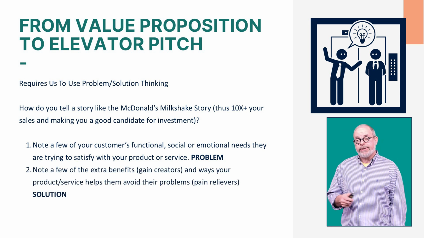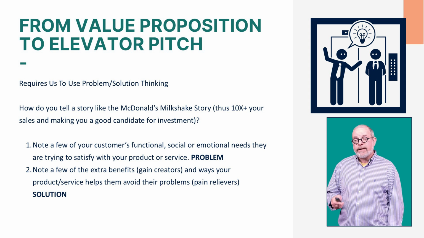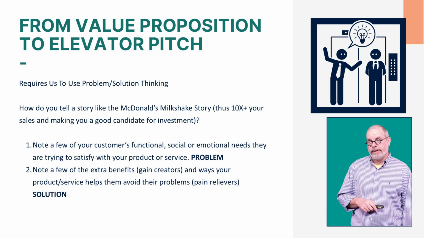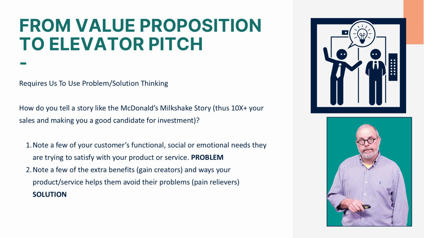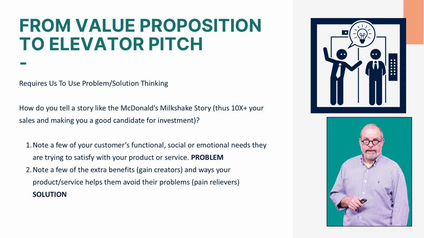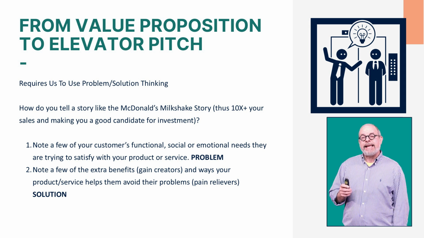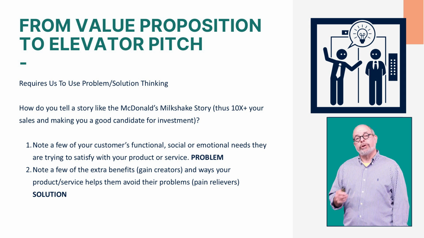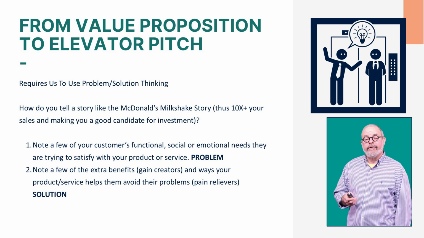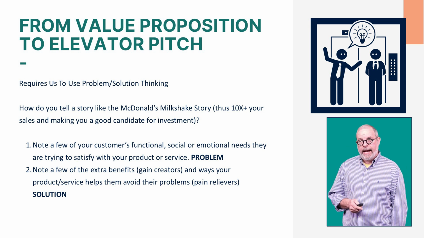Then move to the other side of your sheet and look for those extra benefits, those gain creators, the ways your product and service helps them avoid their problems, right? Those pain relievers. Those are all part of the solution for your business and for your customers. That's how we think of a problem-solution approach to your business that makes it worthy of investment in a persuasive way.